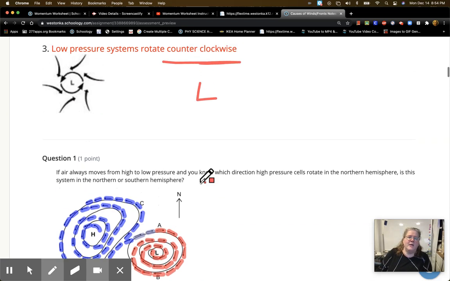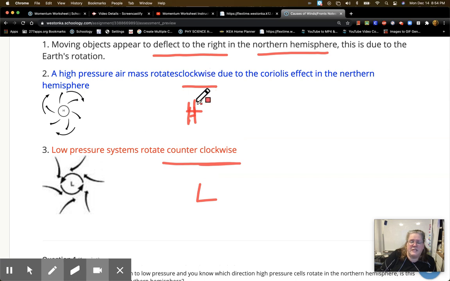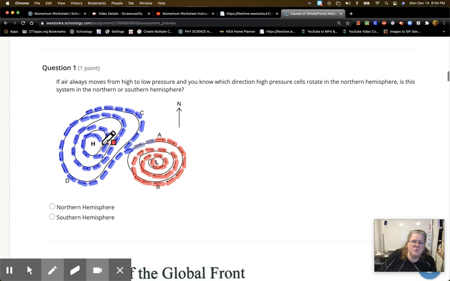Because if we go back up here and we know that high pressure cells rotate clockwise, is this rotating clockwise or counterclockwise? Answer that question. Well, that's going counterclockwise. So this can't be the northern hemisphere. This must now be the southern hemisphere.